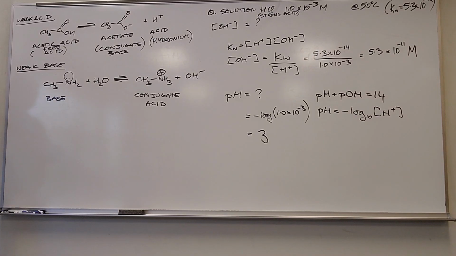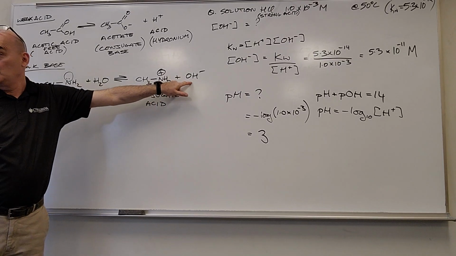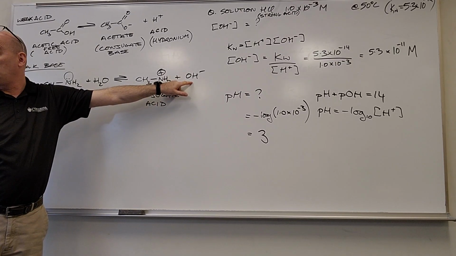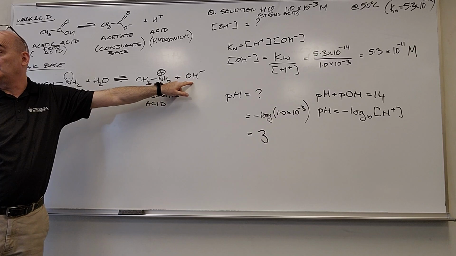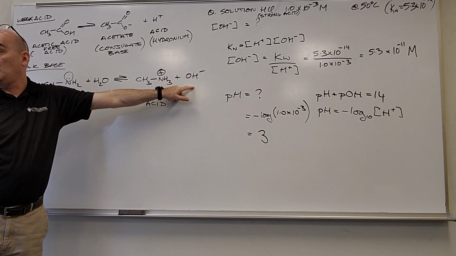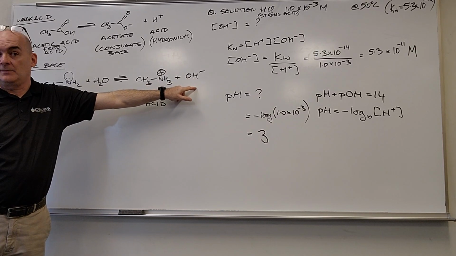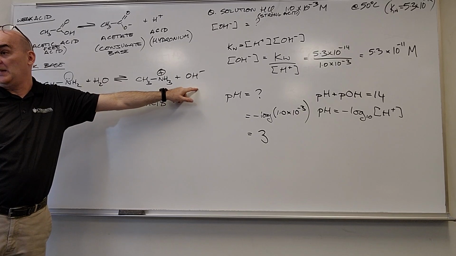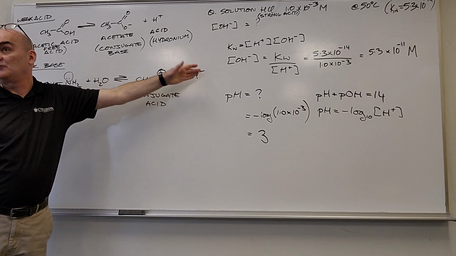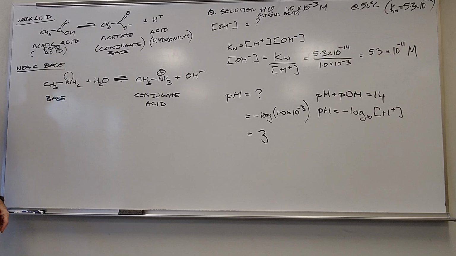This base is basic in solution because it removes H plus. It removes H plus because it strips water of a proton, an H plus, and then that hydroxide does its job. Okay?